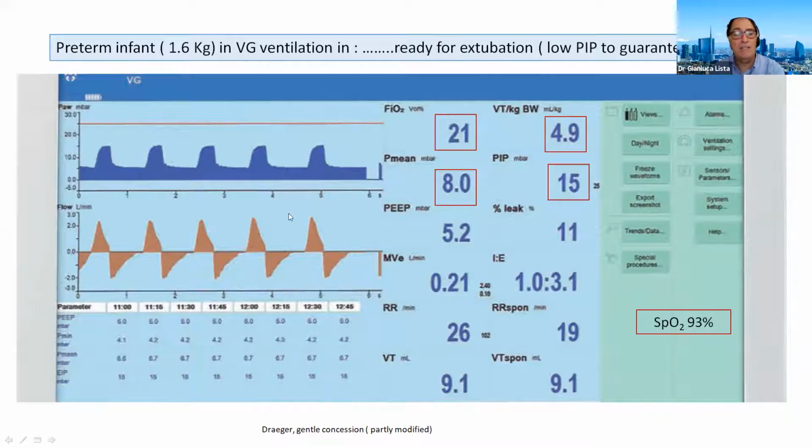And as you can see, the machine uses a very, very low peak pressure, about 15 centimeters of water. So the baby probably is ready to be extubated without collecting a blood sample for blood gas measurement or without performing a chest X-ray.